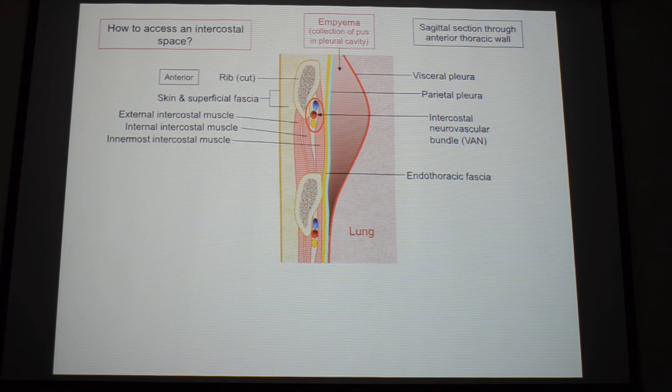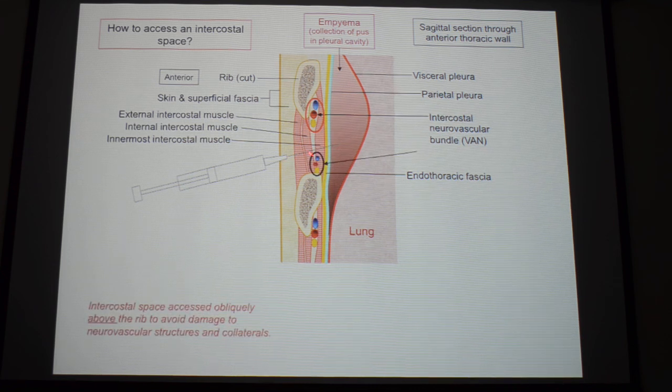So we can insert the needle like this: going in the lower part of the space, but directed obliquely upwards. So what are we saving? We are saving these collaterals, the collaterals of the main neurovascular bundle. The needle should go in the lower part of the space and be directed obliquely upwards. That's the safest method by which we can access any intercostal space.